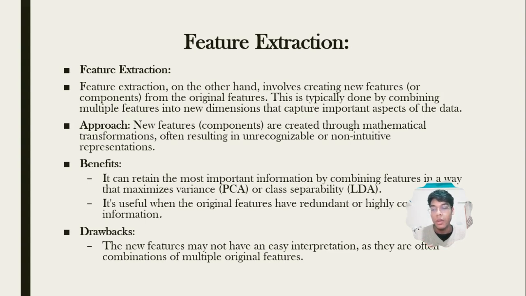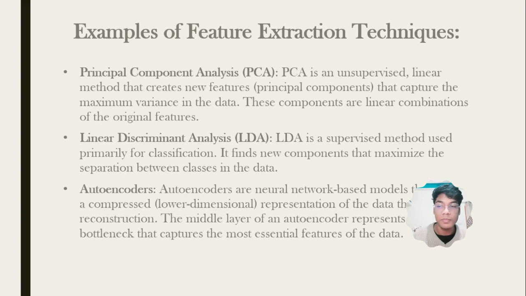It's useful when the original features have redundant or highly correlated information. Then, what are the drawbacks of feature extraction? The new features may not have an easy interpretation as they are often combinations of multiple original features.